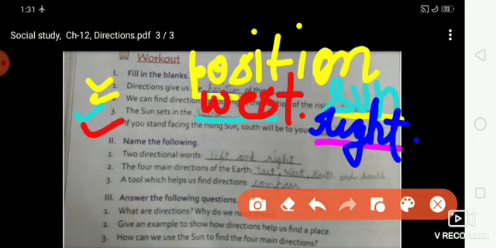R-I-G-H-T, right. Okay. If you stand facing the rising sun, south will be to your right. Is that clear?